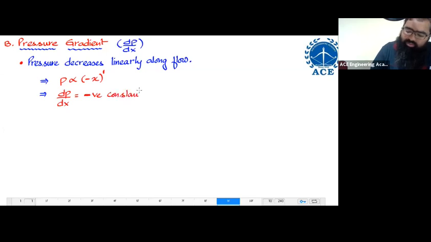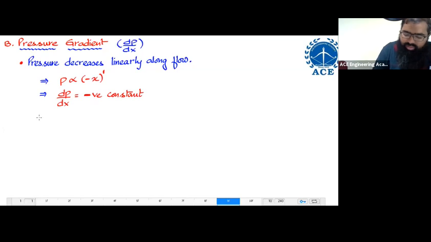Remember, whenever you are having linear variation, the slope will be constant. That is what I'm showing over here. Slope is constant. But what kind of slope? Because pressure is proportional to negative x, the slope is negative.